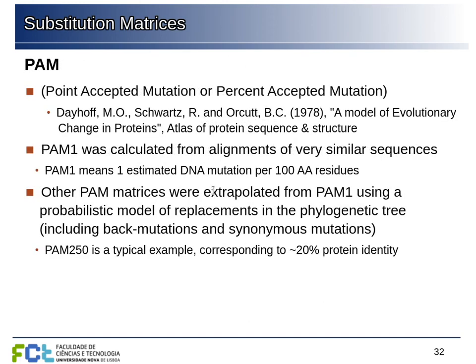So the first proposal here, the point accepted mutation or percent accepted mutation matrix, was computed using very similar sequences, and it was estimated with some probabilistic model of the mutations in order to calibrate them so that PAM1 corresponds to one mutation in the DNA for every 100 amino acid residues.